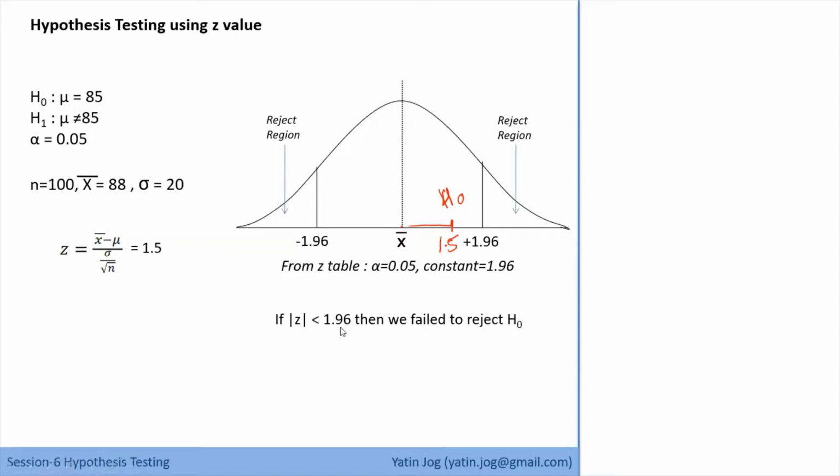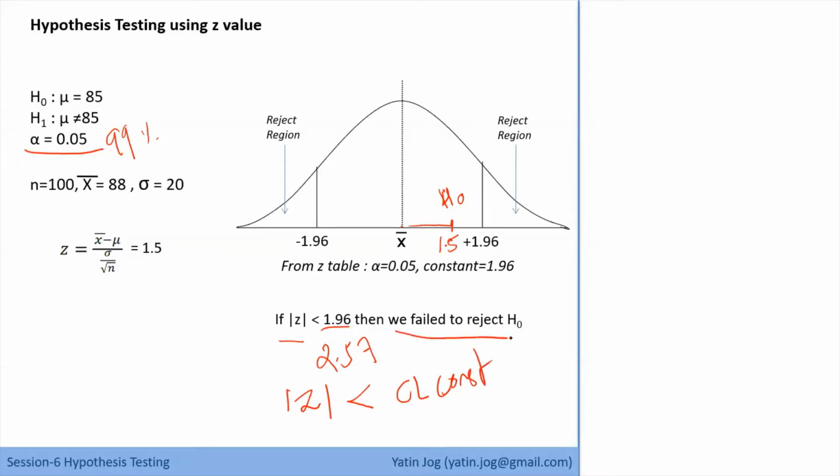Now, where is 1.96 coming from? Because my confidence level is 95%, I'm taking the constant for that confidence level, which is 1.96. If you are solving a problem at 99% confidence, then you have to compare your Z value with 2.57, which is the constant for 99% confidence. So I can write the rule as: if the mod of Z is less than the confidence level constant, then we fail to reject H0.